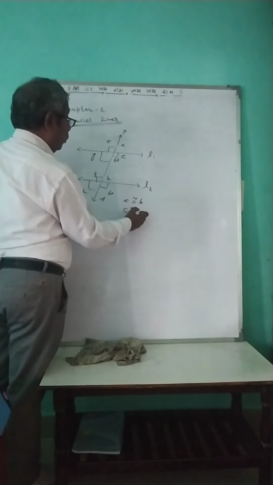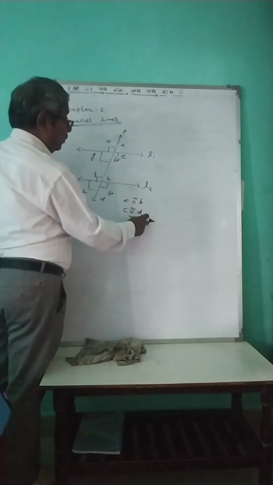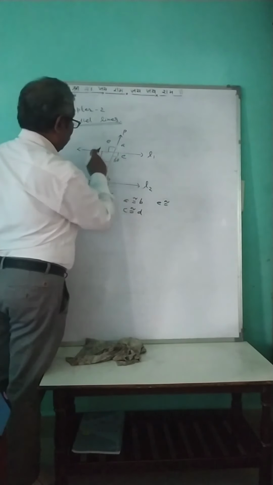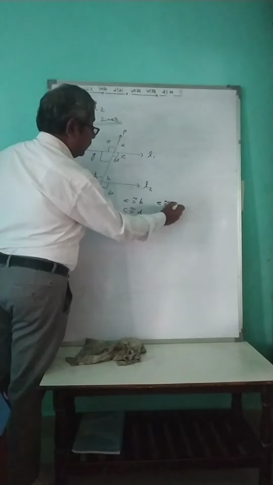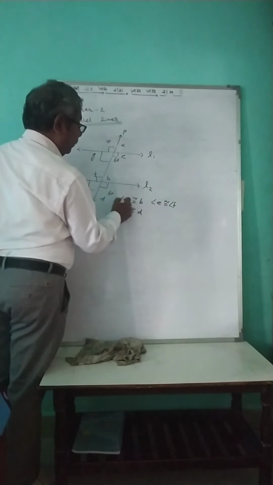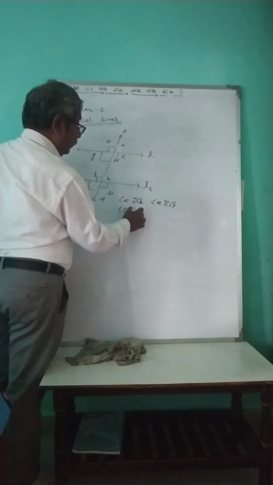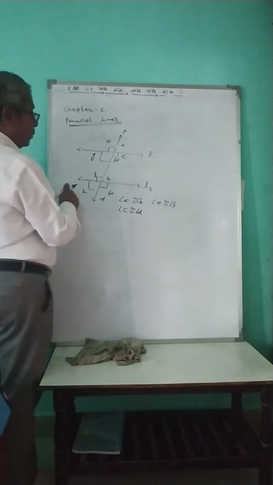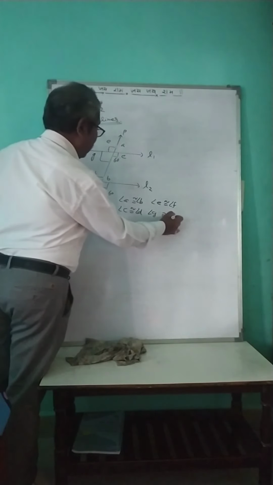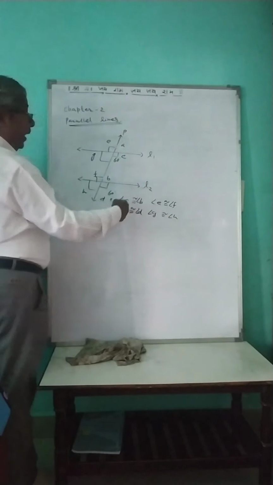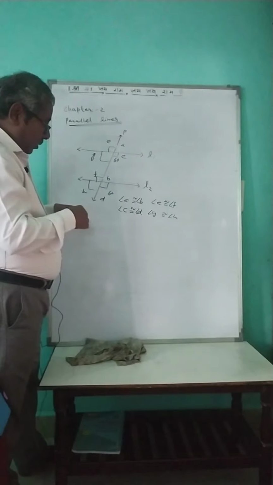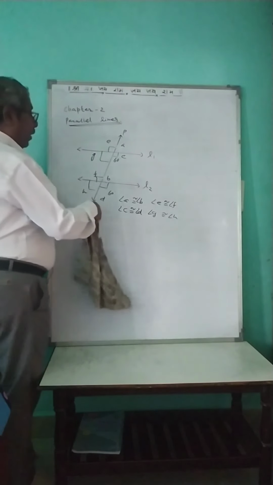C is congruent to D. This is also a corresponding angle. E is congruent to F. This is also a corresponding angle. We put the angle symbol here. Then angle G is congruent to angle H. So in total these 4 pairs of angles are known as corresponding angles.